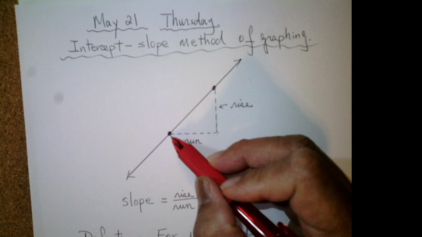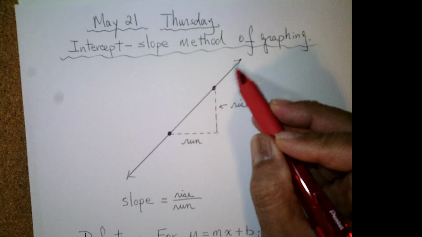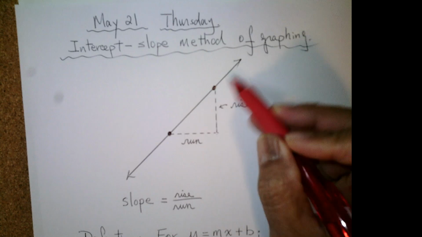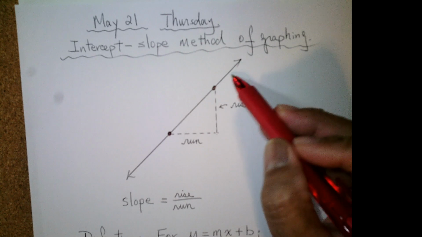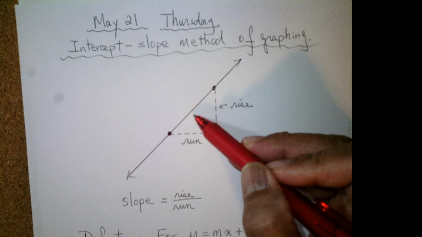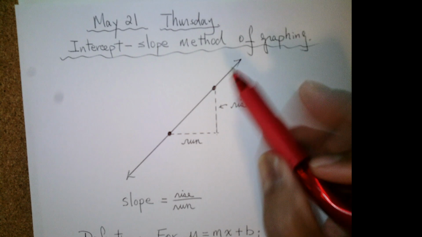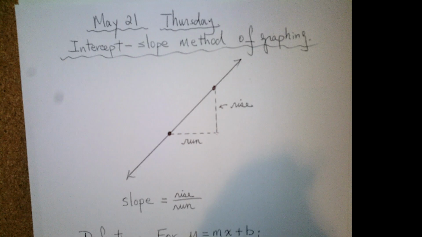So if you join 2 points, a line is being formed. It doesn't matter which 2 points you are selecting, the slope will remain unchanged.